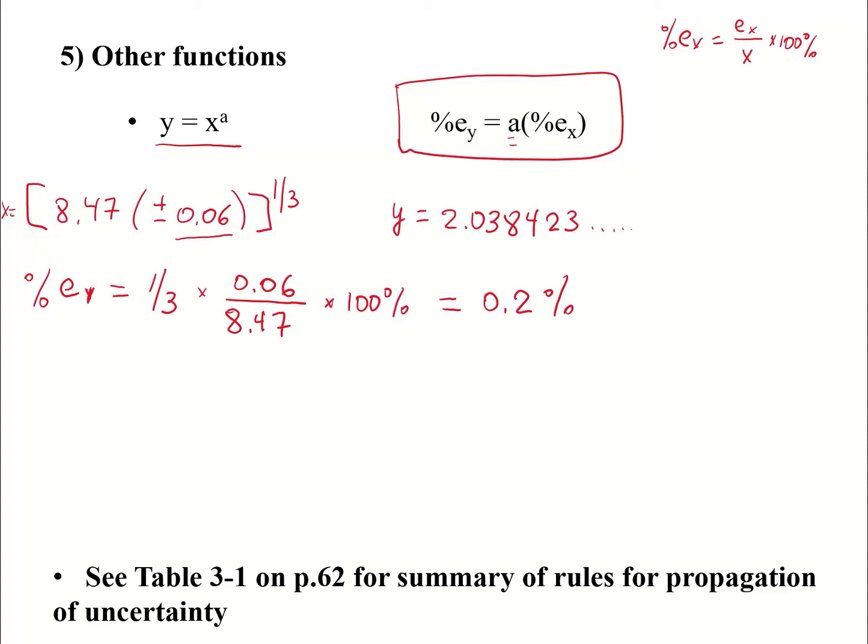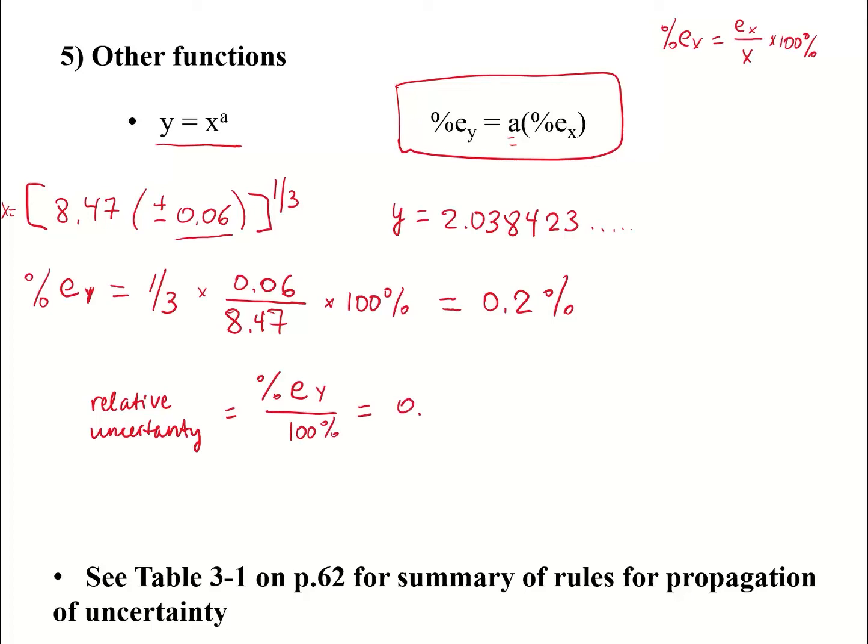I also want to know the absolute uncertainty because in many cases we show absolute uncertainty rather than percent uncertainties. So let's calculate that. First, let's find out relative uncertainty. Get rid of the percentages. So the relative uncertainty is going to be equal to the percent uncertainty in y divided by 100%.